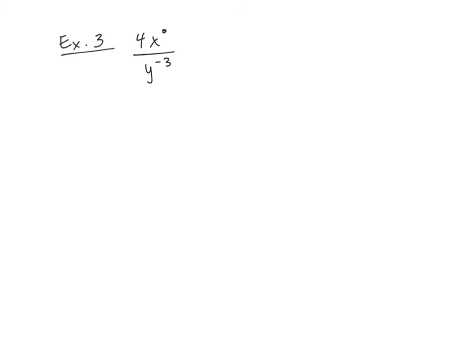One reason why I'm bringing this up is because one of the trickier parts of these types of problems is recognizing that there are 3 parts here. I have my y to the negative 3, I have my x to the 0, and I have my 4, and I have to deal with each one of those pieces separately.